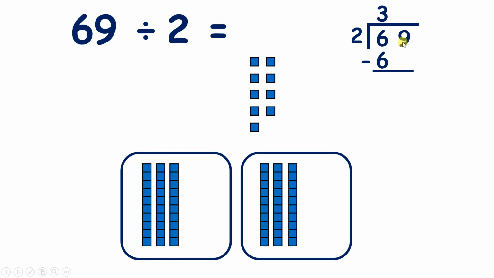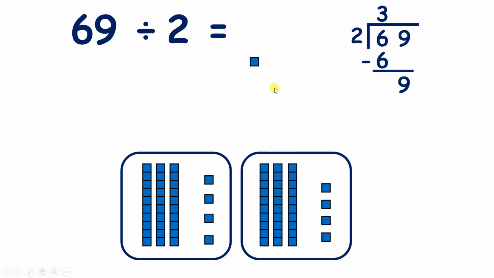So now we bring down our 9 units because that's what we need to share out next. So if we share out 9 units, we've shared out 8 units, but we can't share out our 9th unit because with division we need to share equally.